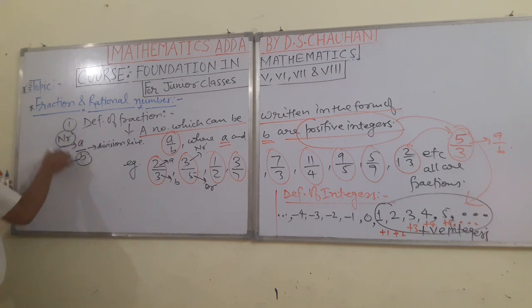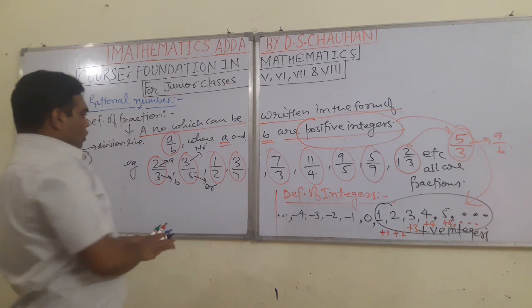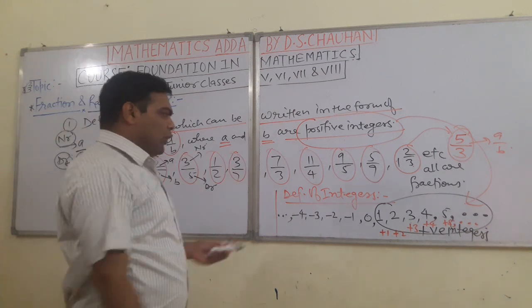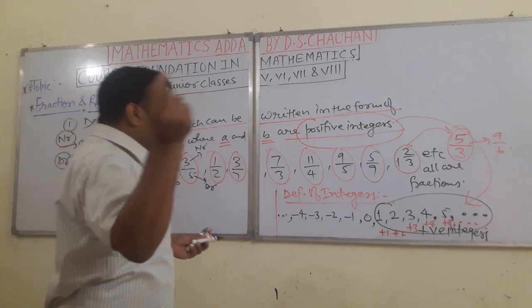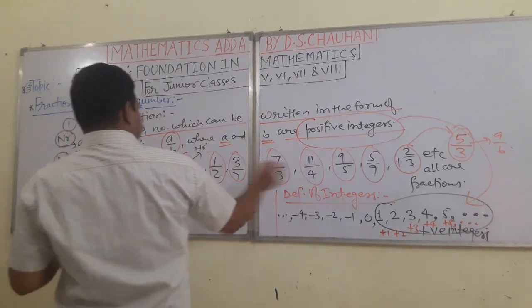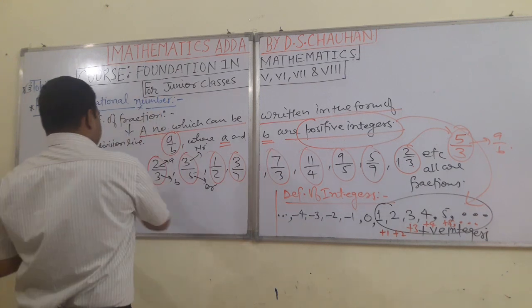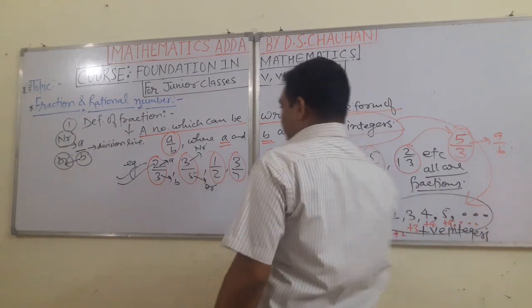Inside we write nr and dr for the numerator and denominator respectively. So here in all these cases you are looking that a, which is the numerator, and b, which is the denominator, are all positive integers. So all these numbers are fractions. I hope it is clear to you.